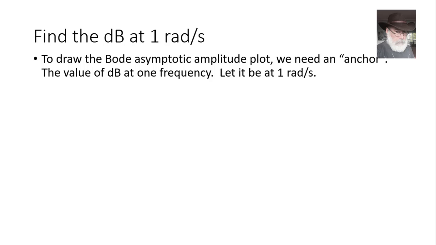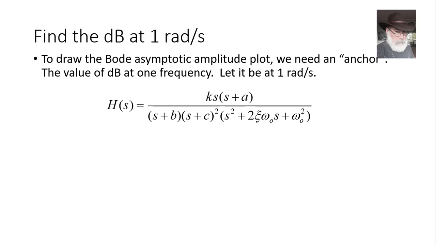To draw a Bode asymptotic plot, we need an anchor. We need the value of the decibels curve, the approximated one, at one frequency. Let it be 1 radian per second.